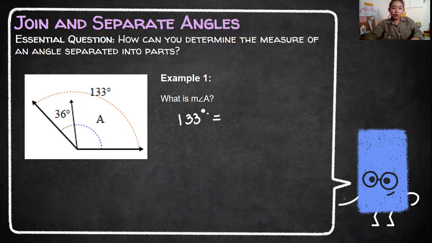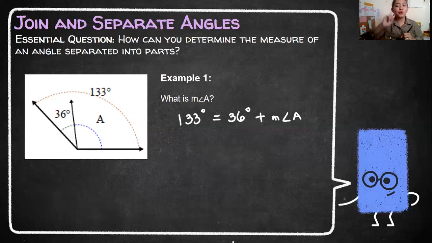So I can say that 133 degrees is a combination of 36 degrees and angle A, the measure of angle A. Now, in order for us to get the measure of angle A, we have to simply subtract 133 minus 36 because that angle should be removed from the total measure to get only the measure of angle A.